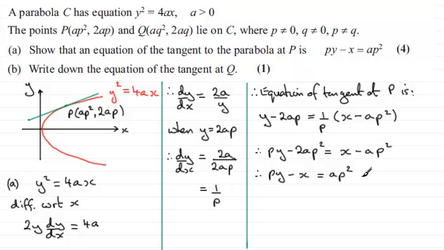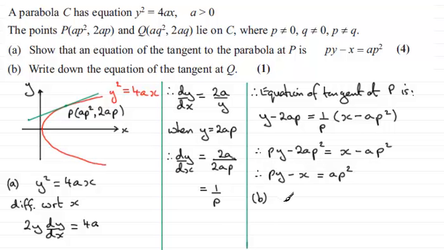Now, for part B, this is very easy because at Q it's got basically the same properties as we had at P. So the equation is going to be exactly the same, only where there's p's, it's now going to be replaced with a q.